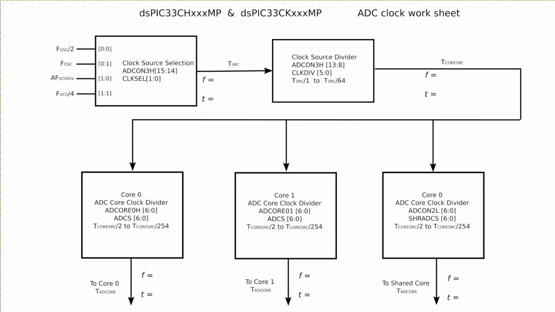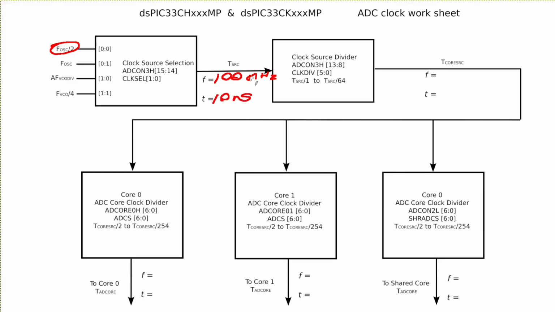If I take the 5 microseconds and divide it by 31.5, that will give me a TAD core of about 159 nanoseconds. And that is very close to 6.25 megahertz. And 6.25 megahertz is an easy number to work with. The FOSC over 2, the instruction clock, is 100 megahertz.